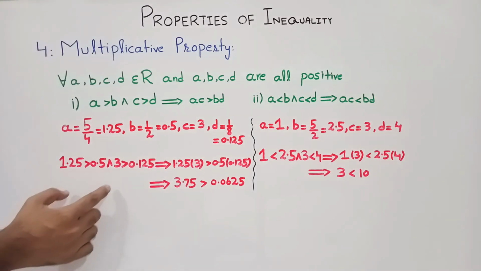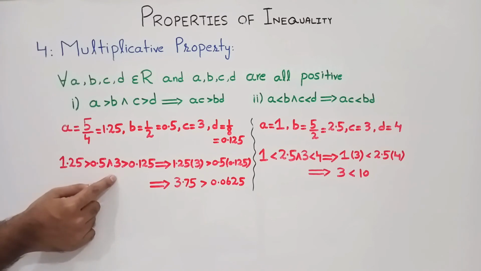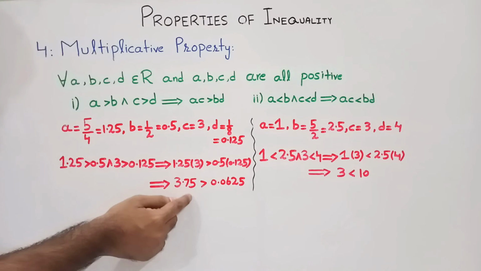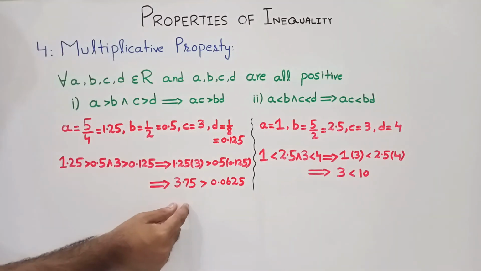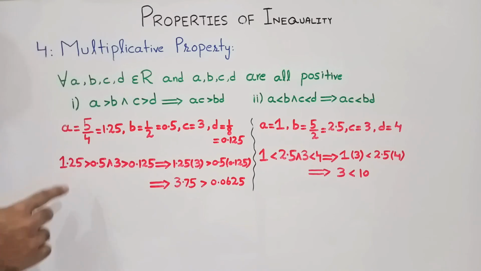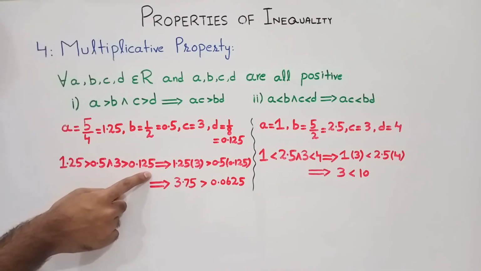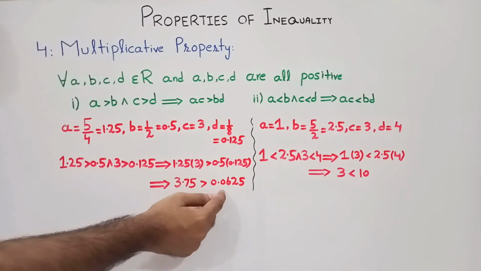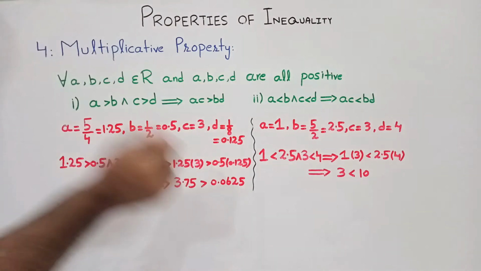Now we will multiply two greater numbers 1.25 and 3, and as a result of multiplication we will get 3.75. This is the result of AC. And then we will multiply two smaller numbers 0.5 and 0.125, and as a result we will get 0.0625. This is the result of the product of B and D.